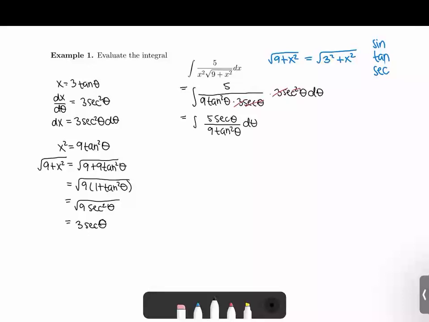Oftentimes, to integrate fractions of trig functions, we try to convert them to sine and cosine, because sine and cosine are a little easier to use substitution on, especially when we're dealing with fractions of trig functions.